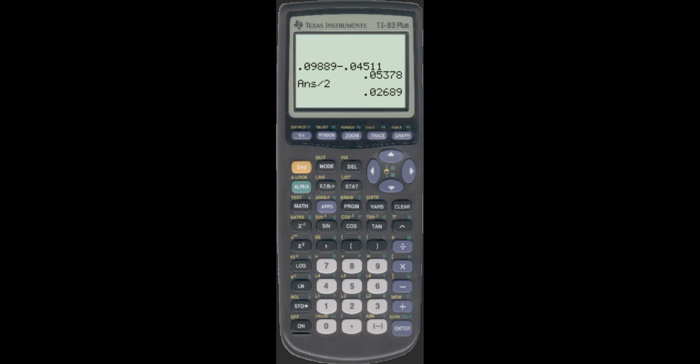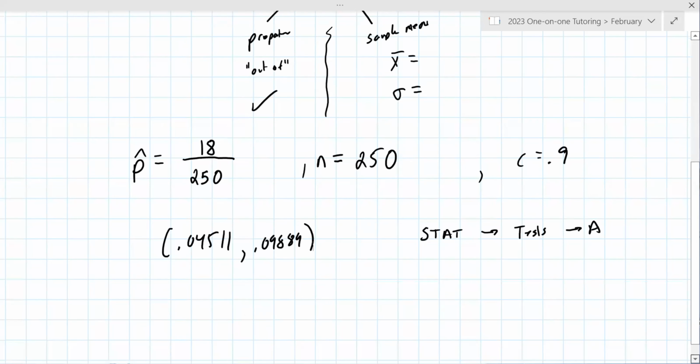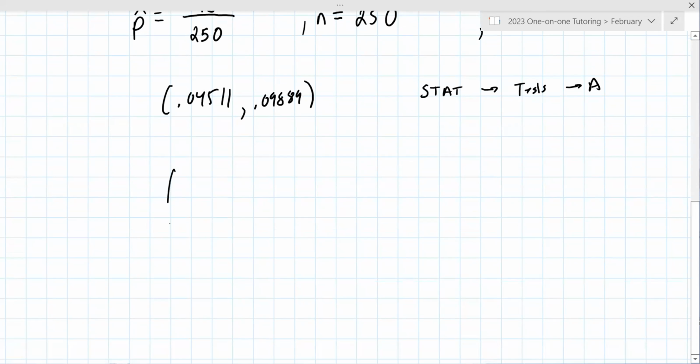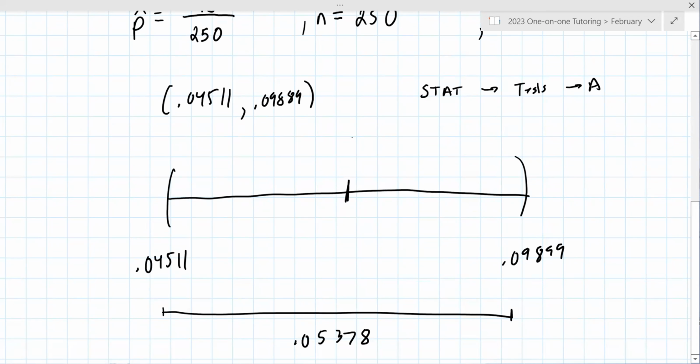So I'll show you that here graphically on the other screen. The idea is that you found that the left side of the interval is 0.04511, and the right side is 0.09899. The width is 0.05378. That's when you subtract them. The margin of error, though, is half the width.